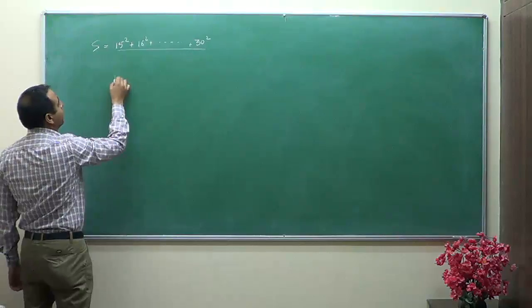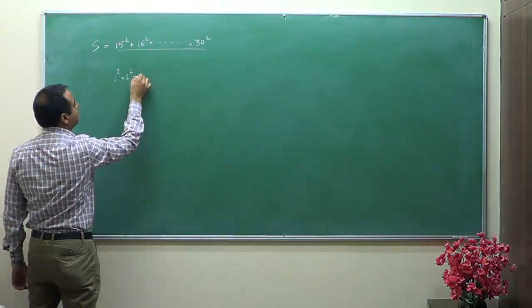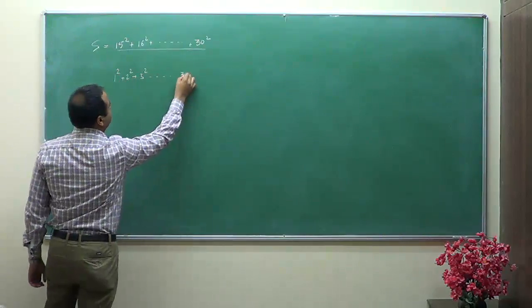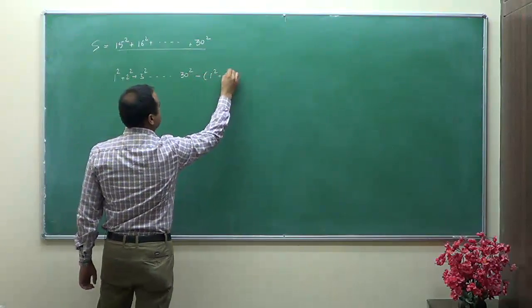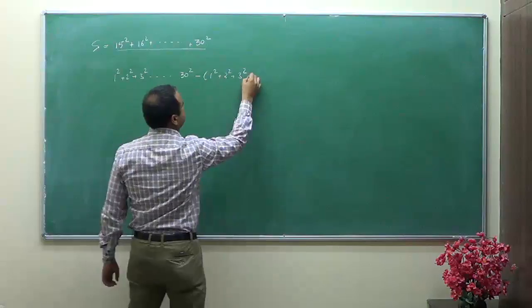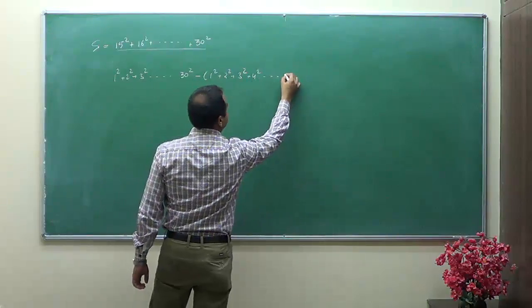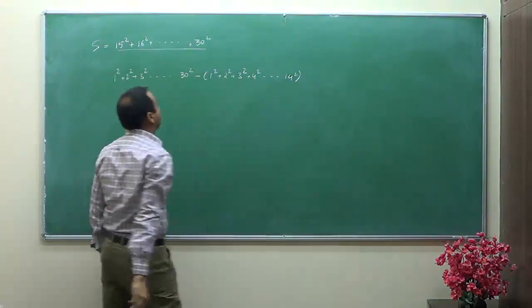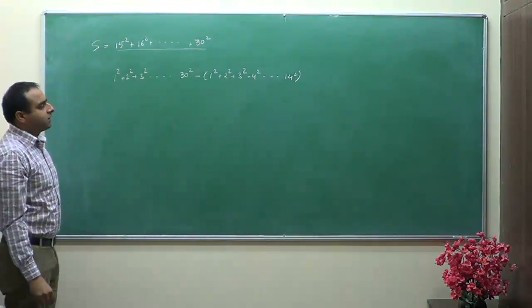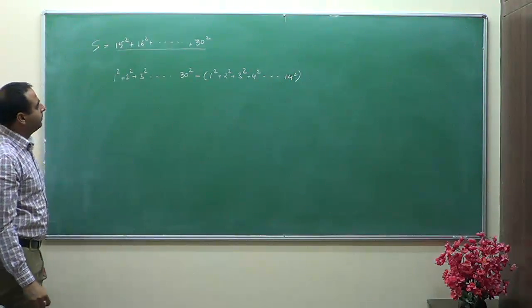We can write this sequence in this way: 1 square plus 2 square plus 3 square up to 30 square minus the first 14 squares. We can represent the same sequence in this manner.